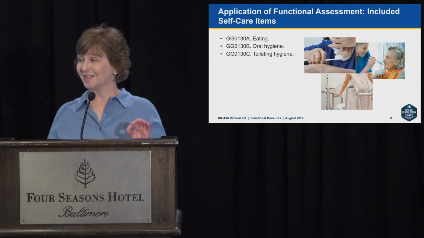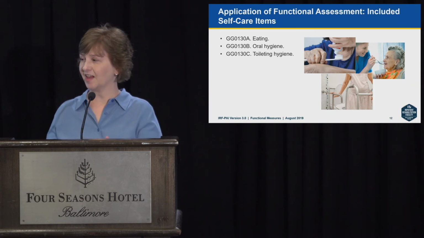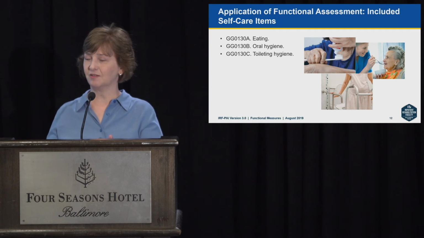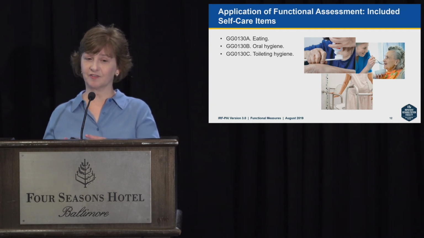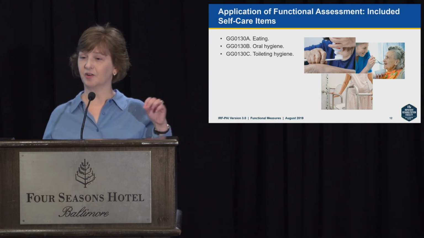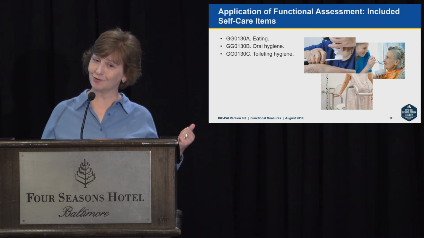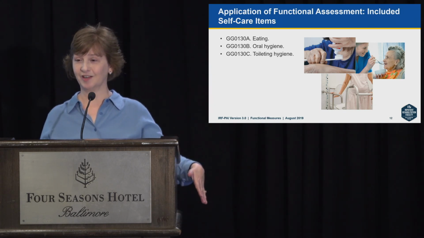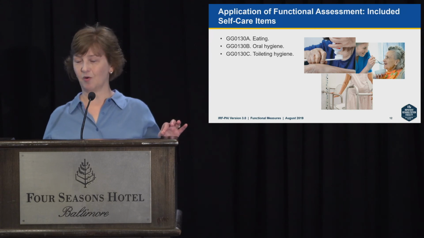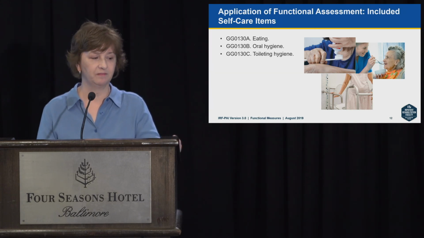For this particular quality measure, because it was developed for cross-setting use, as I mentioned, it's used in LTACs, IRFs, SNFs, and home health agencies, only 3 self-care activities are required and looked at. When we get to the functional outcome measures, those dressing items are included, but for this particular quality measure, there are only 3 self-care activities.